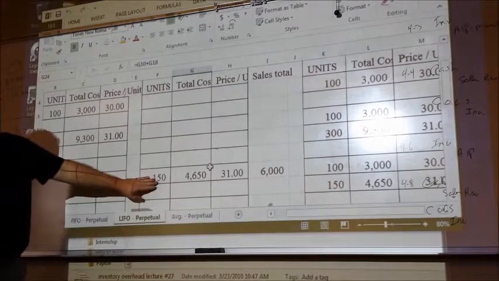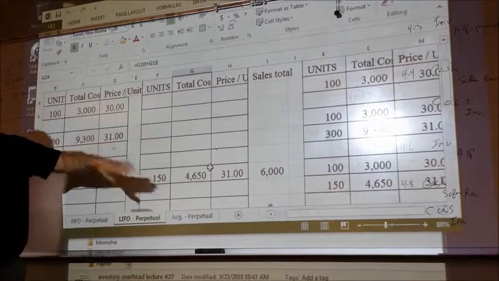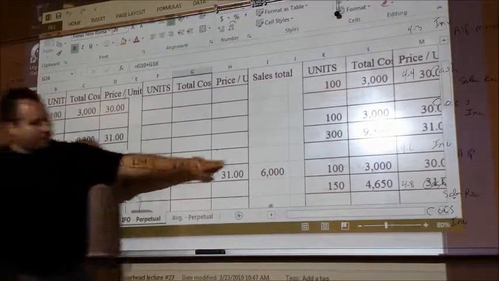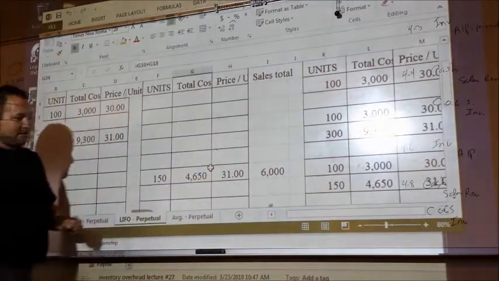I'm selling the more expensive items, because those were the last ones to come in at $31 a piece.